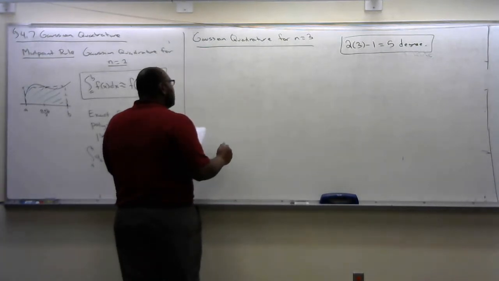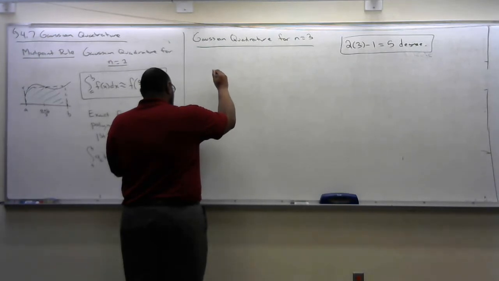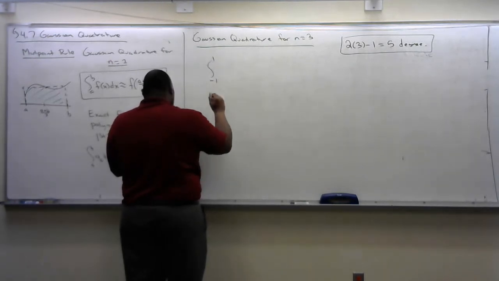And so what's the Gaussian quadrature for this? Some folks will just go from -1 to 1 again.